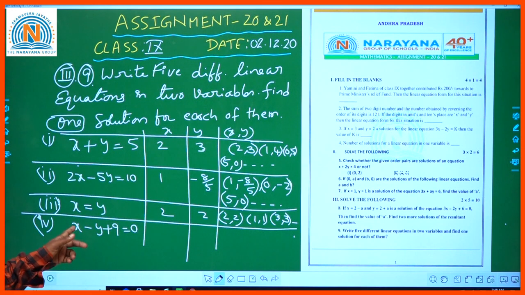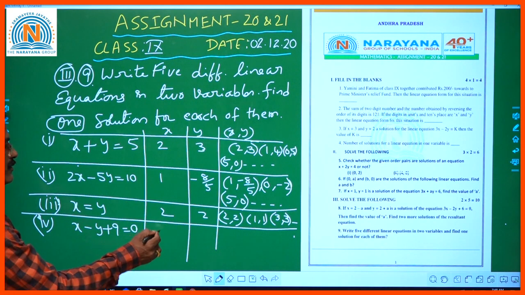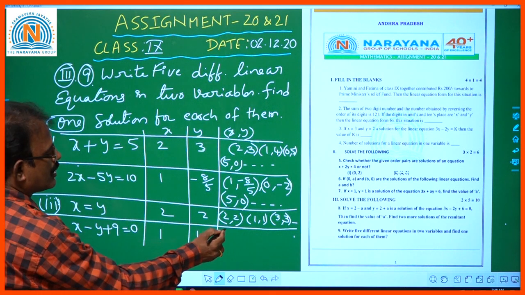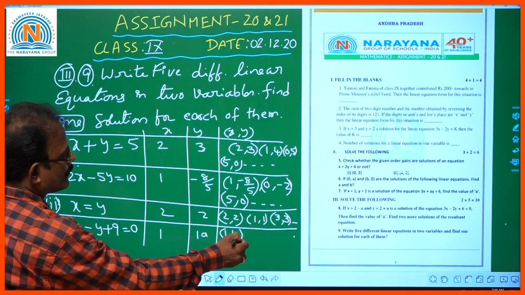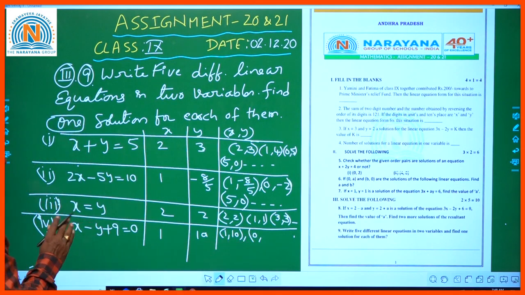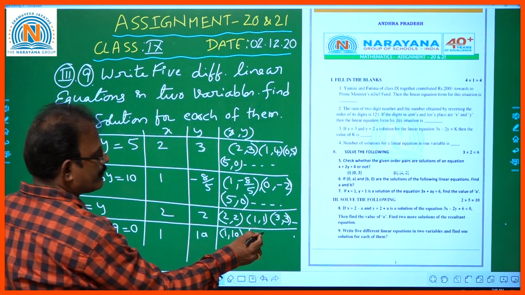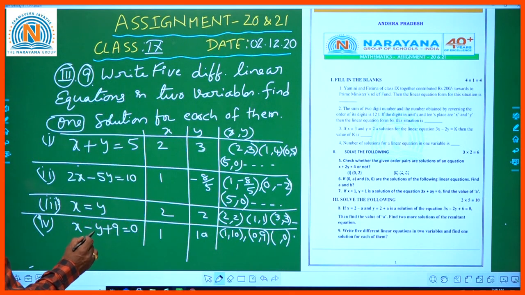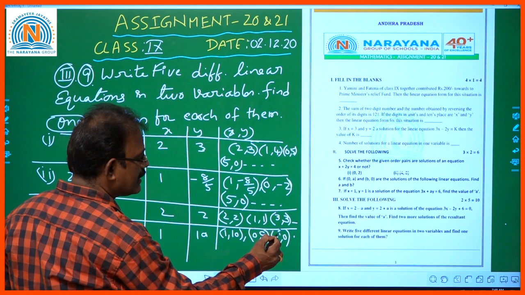Okay, if you take x is equal to, say for example 1, then transposing y to the right side, 1 plus 9 is 10, 1 comma 10. If you take x equal to 0, then y is equal to 9. If you take y is equal to 0, x is equal to minus 9.